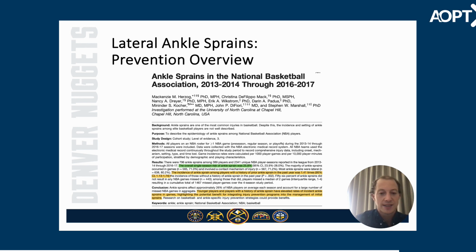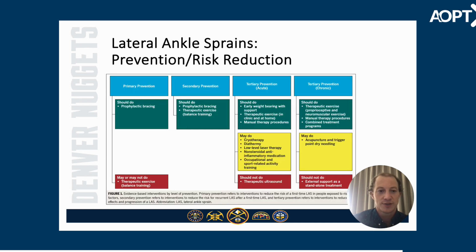So we need to investigate different degrees of injury prevention, both before the athletes go out and incur an ankle sprain and throughout their rehab program and when they return to sport.